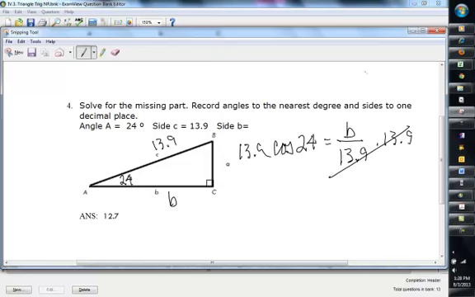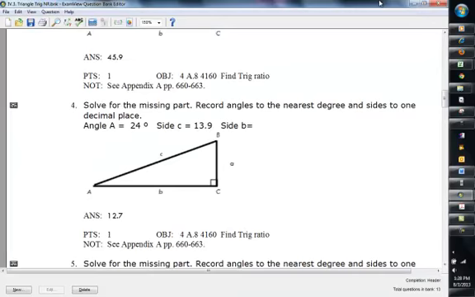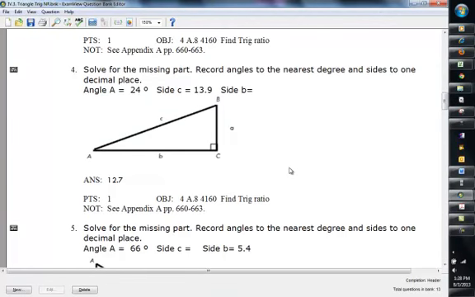And so on our calculator, we would press 13.9 times cosine 24, and we get 12.3, almost 13. Next one.